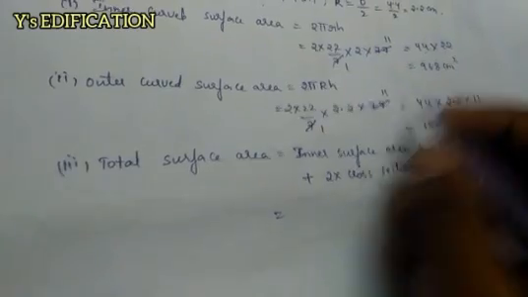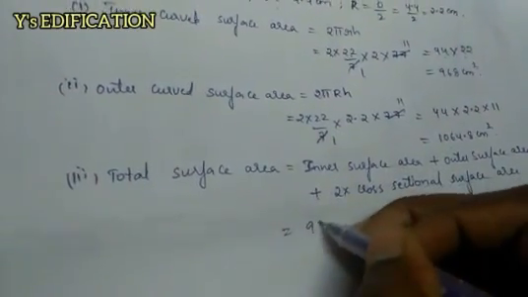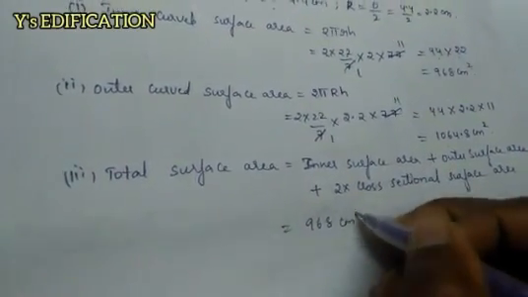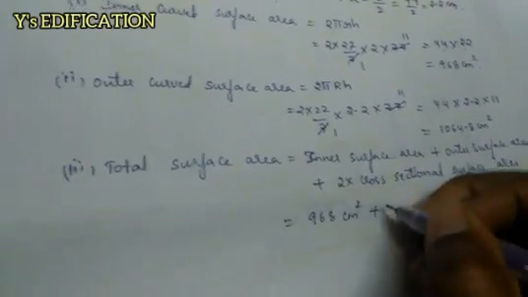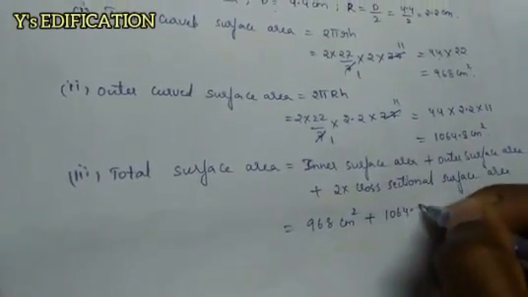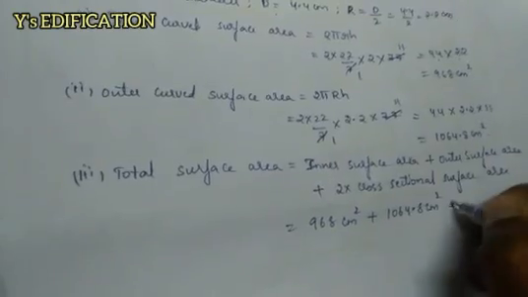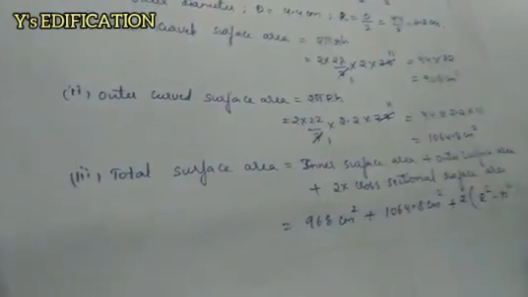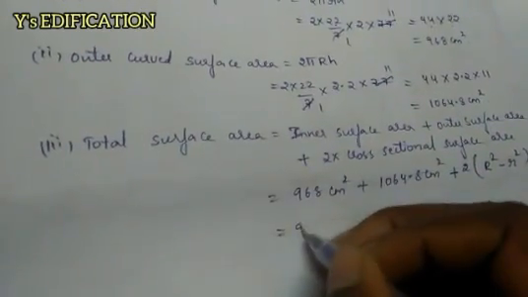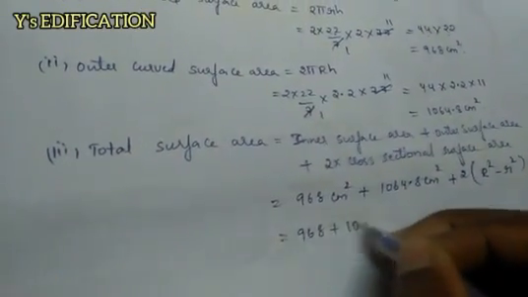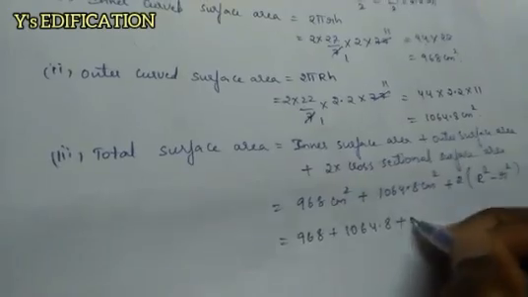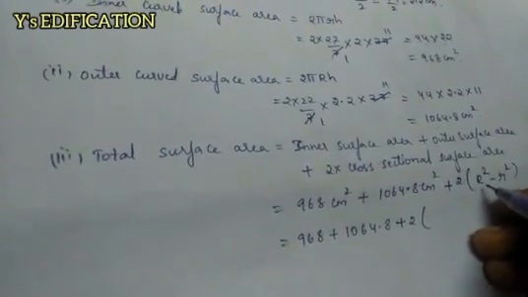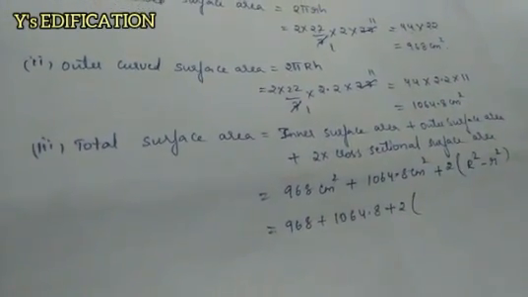So what is the inner surface area we got? 968 centimeter square plus outer surface area is 1064.8 centimeter square plus 2 into capital R square minus small r square. Okay. Now 968 plus 1064.8 plus 2 into what is the capital R? 2.2.